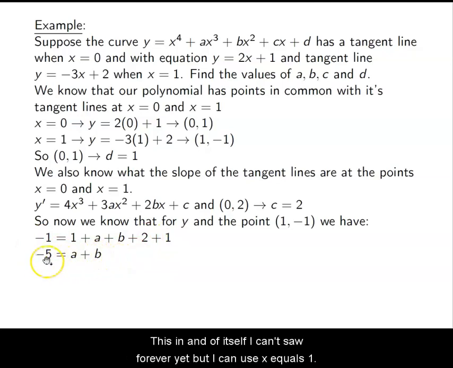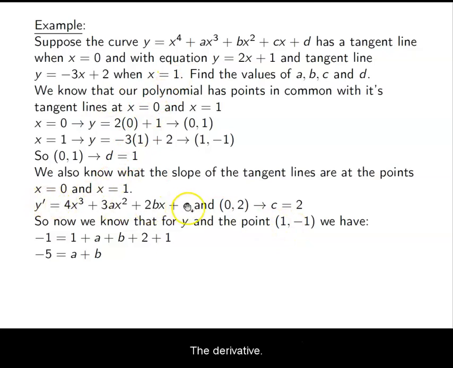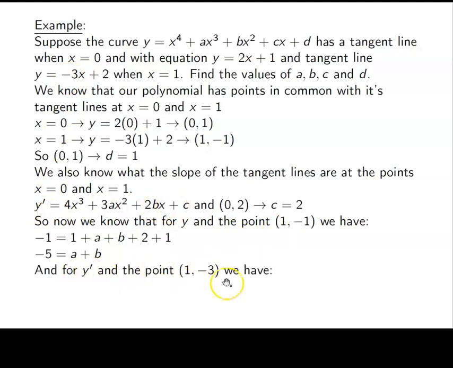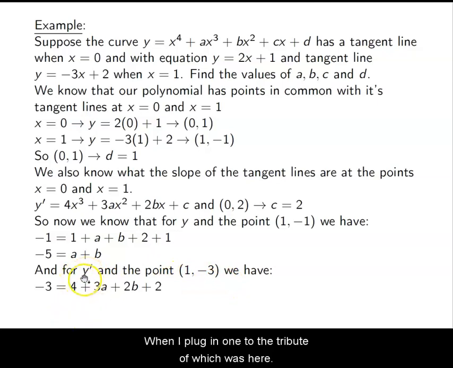This in and of itself, I can't solve for a or b yet. But I can use x equals 1, the derivative, and the fact that I should get out -3 for my derivative when I plug in 1. So I'm going to use (1, -3) with the derivative. When I plug in 1 to the derivative, which was here, 1 cubed is 1 times 4.